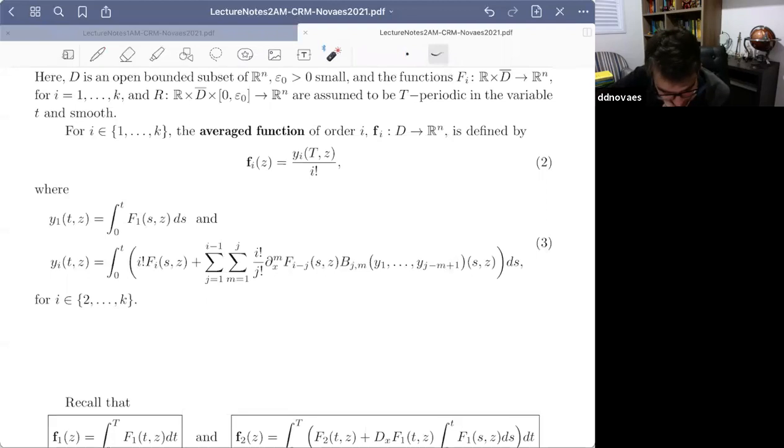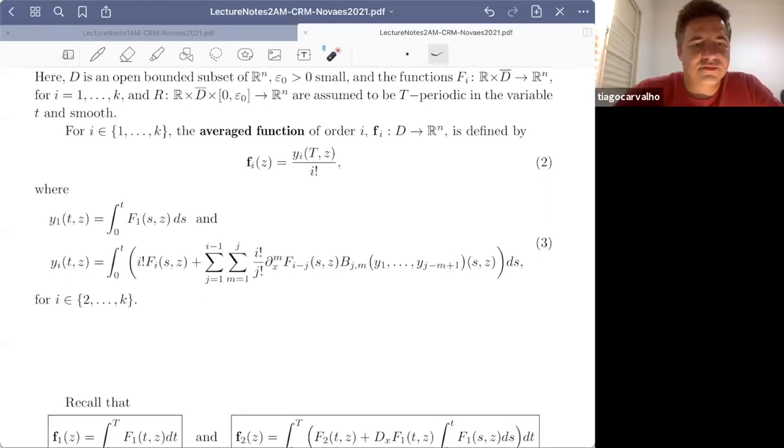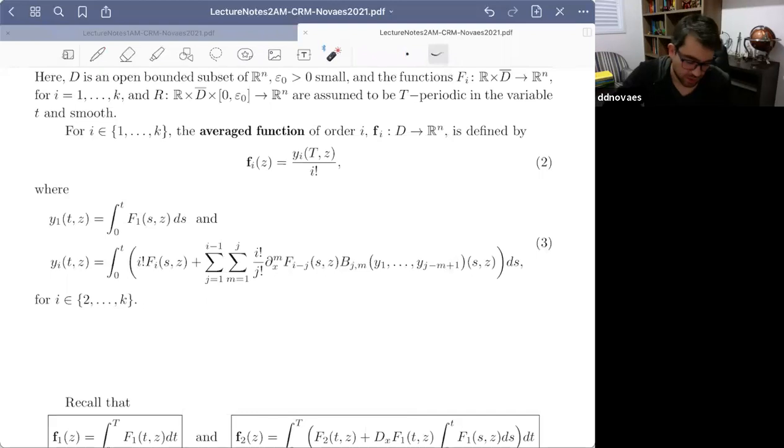So let's go back for a minute to the formula of the average functions. Note that here we need to compute the m-th derivative of f_{i-j}. So here f_{i-j} has to be m differentiable. And moreover, I'm computing the integral of this derivative.